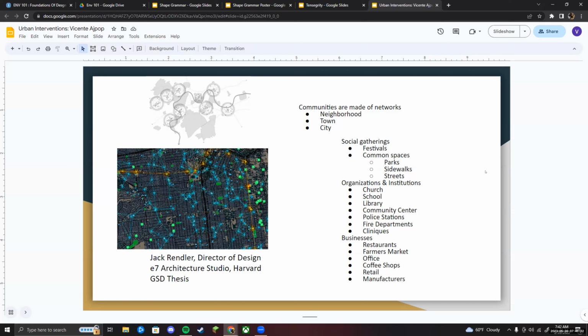There are also organizational institutions like churches, schools, libraries, community centers, police stations, fire departments, clinics, and businesses, restaurants, farmers markets, offices, coffee shops, retail, and manufacturers. All these basically run with the help of the other. So that's how a network works in the city.